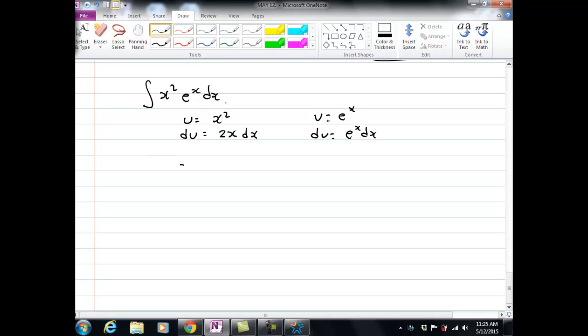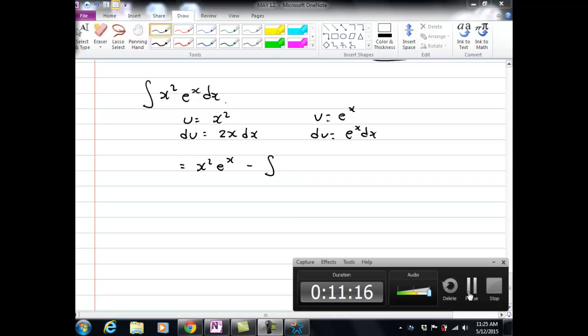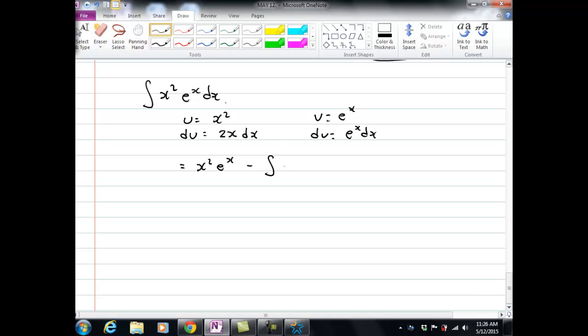So therefore, this now becomes uv, see, I'm just plugging it in, x squared e^x minus v du. I'm going to pause it. And if I did this, I end up with integral of v du, e^x times 2x dx. That's what everyone has.